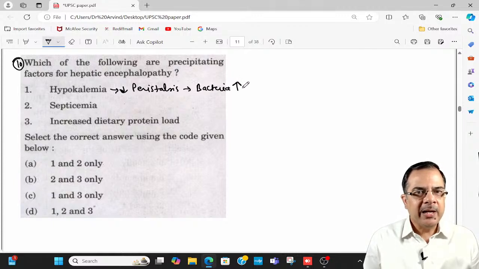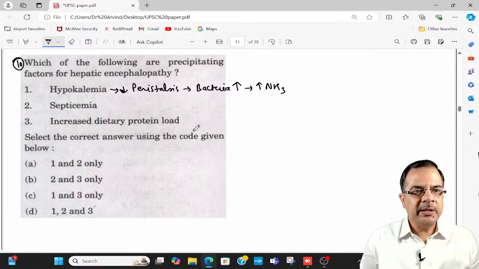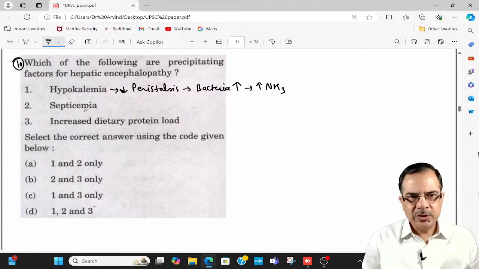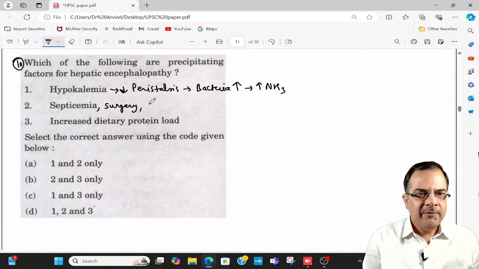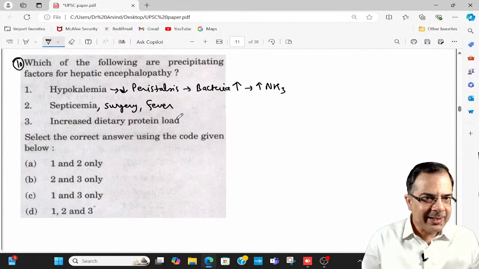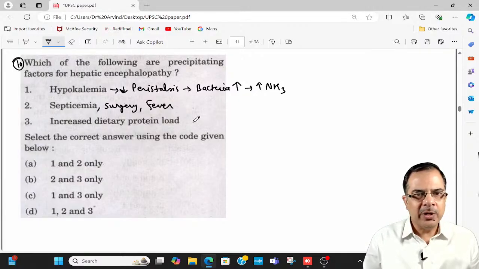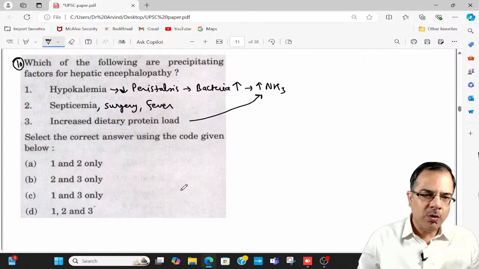If the bacteria increase, they will produce more and more ammonia. So this is a precipitating cause. Septicemia is a sort of stress to the body, so this will lead to encephalopathy. Septicemia, surgery, any fever, all of these are stress induced, so they will lead to increased dietary protein. It has been seen that high dietary protein will cause more and more ammonia. So answer here will be all of the above.